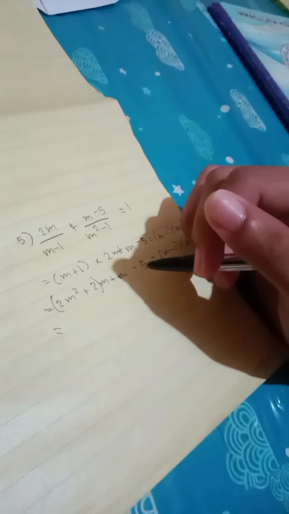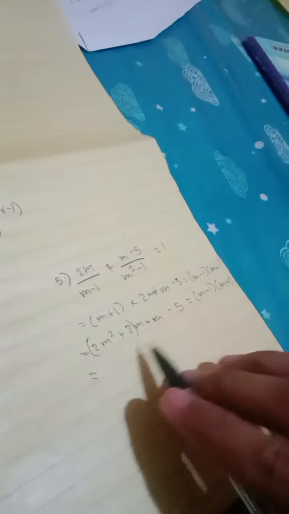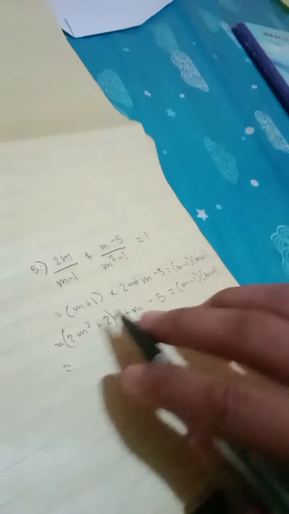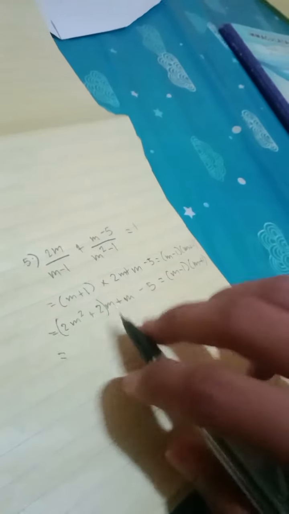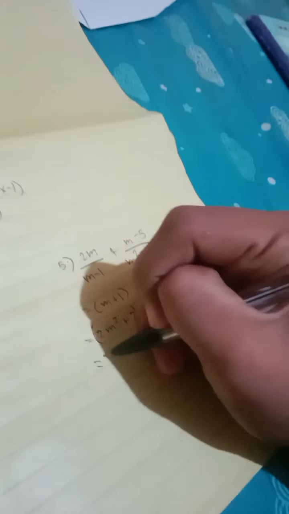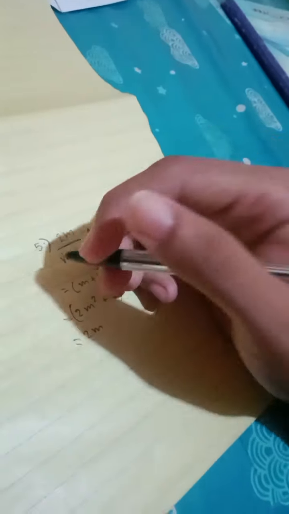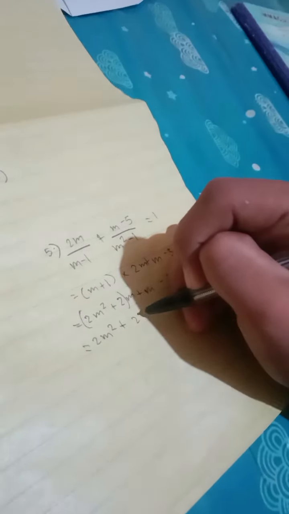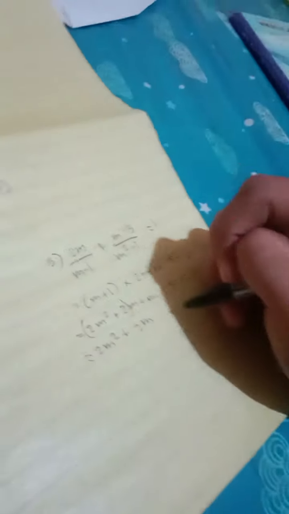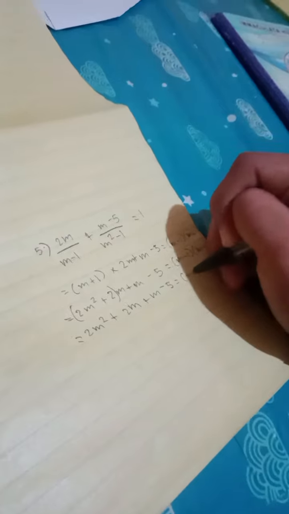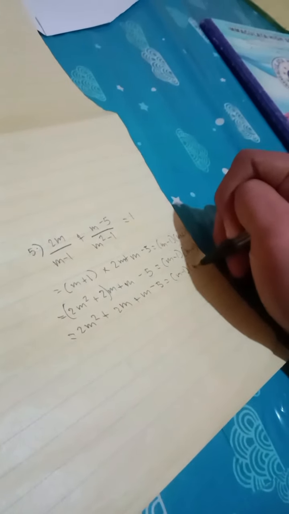So next we're going to use the distributive property to multiply the 2m plus 2 by m, so it turned to 2m squared plus 2m plus m negative 5 equals 2m negative 1 and m positive 1.